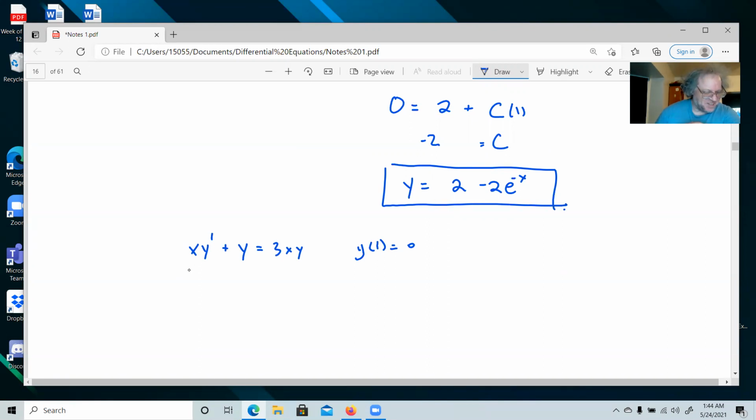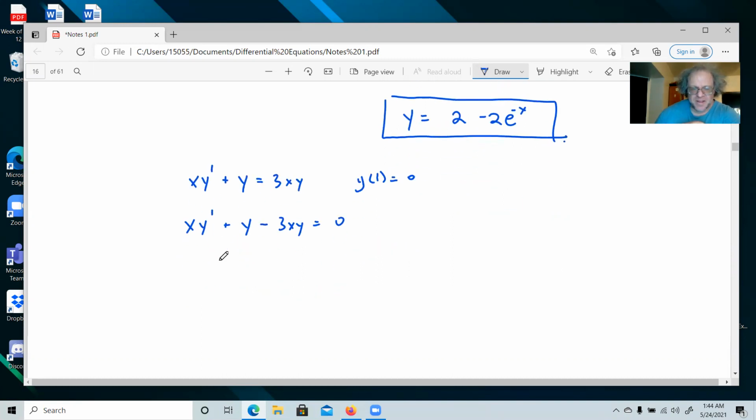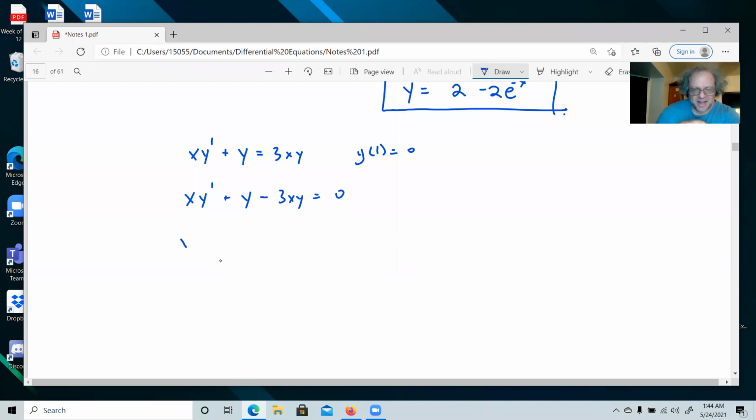Yep, that's the point. So here we have x y tick plus y minus 3xy is equal to 0. So we have x y tick plus, this is going to be 1 minus 3x, y is equal to 0.